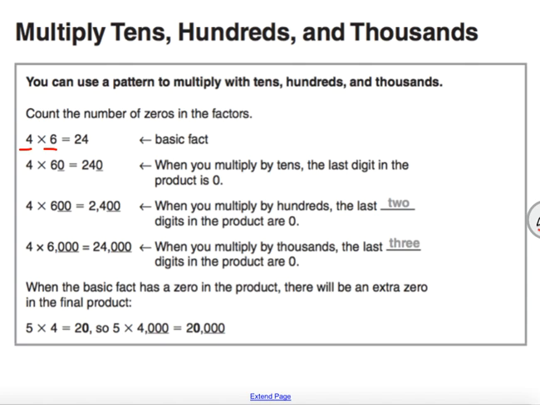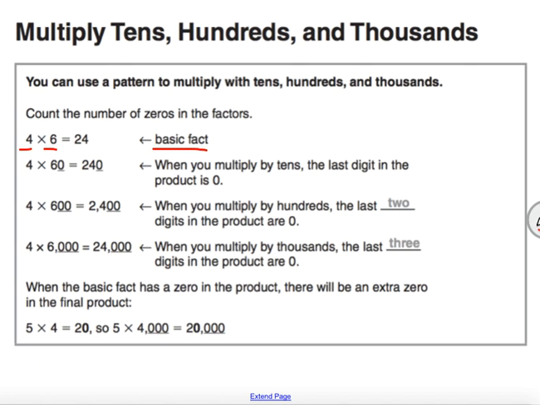Using 4 and 6, we notice that that is a basic fact, and this basic fact can help us to extend and multiply by tens, hundreds, and thousands.